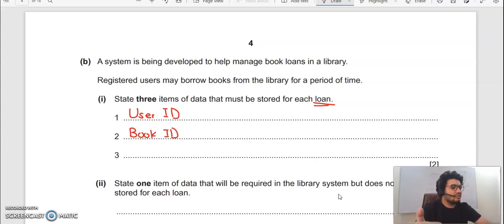You can go by book title or book number, but ideally we prefer having IDs because I hope you remember that the user ID, or even the book ID, is going to be unique. Yes, this might come into your mind: when do you see two books having the same name?